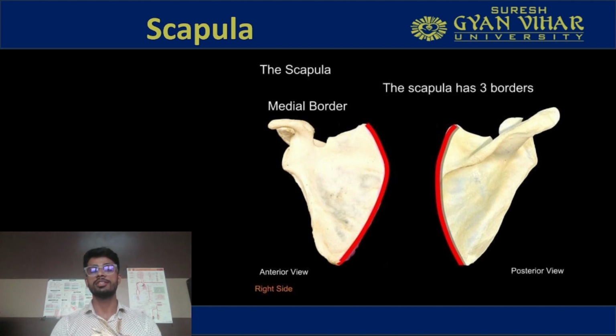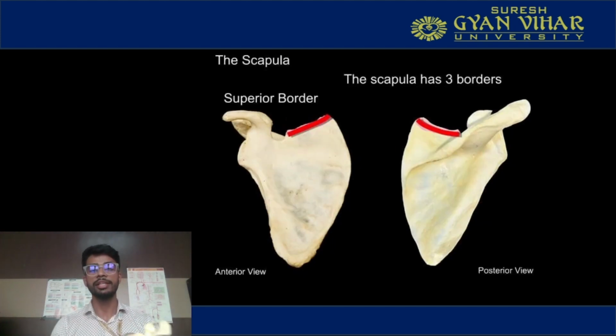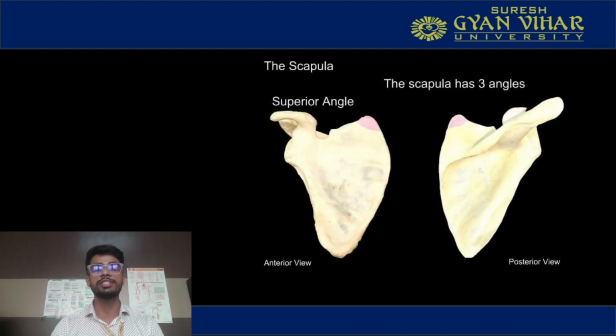This is your medial border in the anterior view, and this is your medial border in the posterior view. The scapula also has the lateral border. This is your lateral border in the anterior view, and this is your lateral border in the posterior view. Then there is the superior border, present on the uppermost part. This is known as the superior border of the scapula.